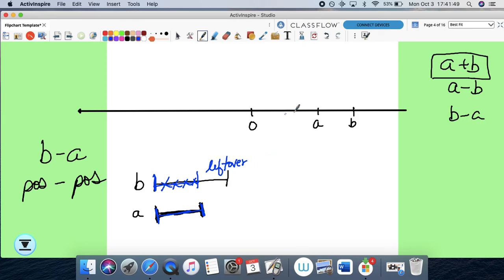So that leftover would probably put you around here. So let's do B minus A. Here's B, and from B, starting over here, I have to take A away. This is how much you've taken from me, and this is your leftover part.